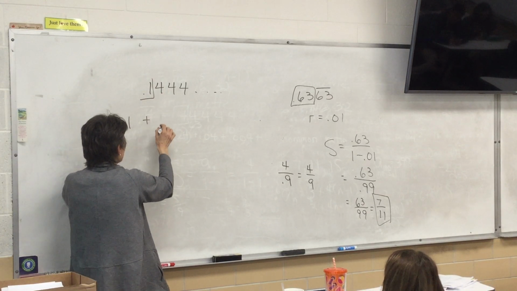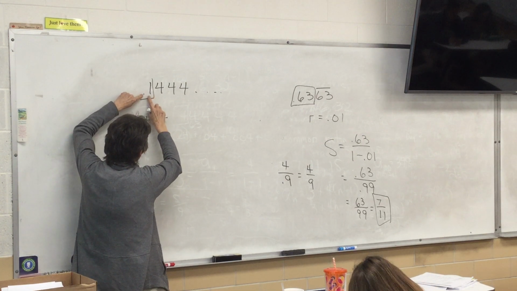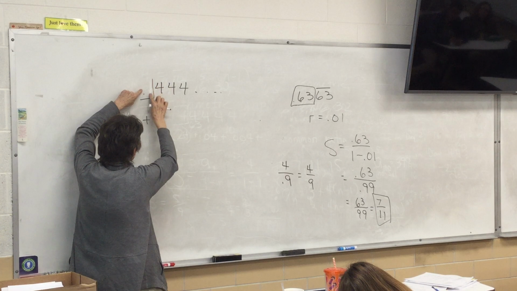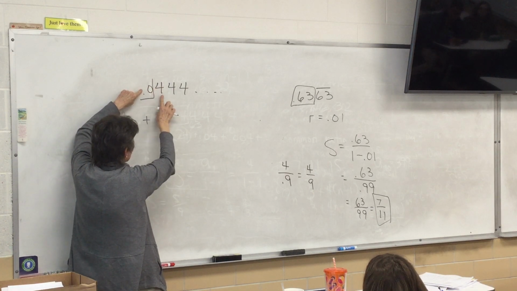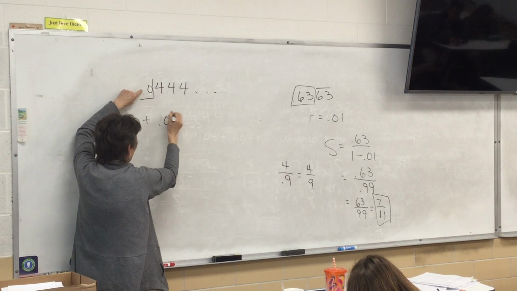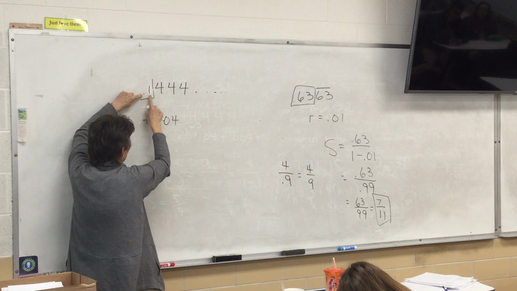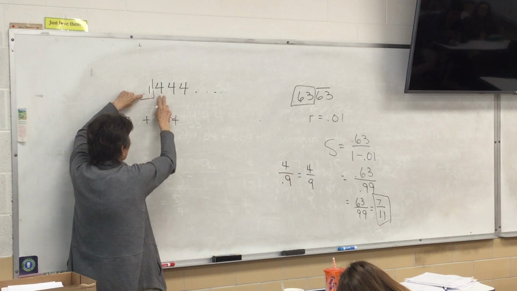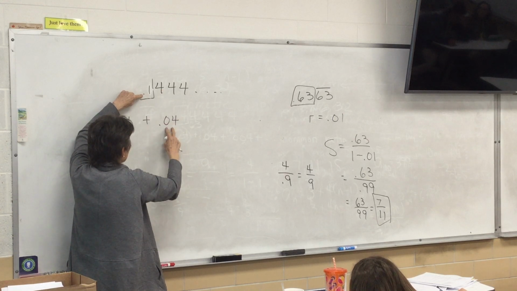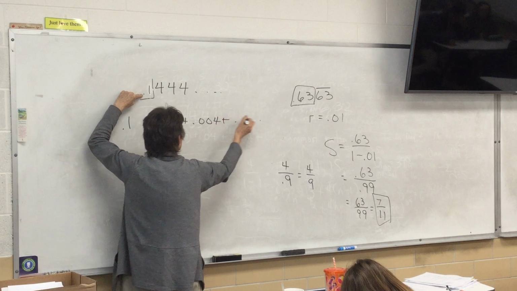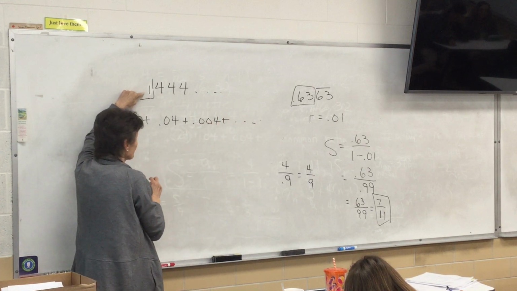And then we have, what is our actual first term? If we pull this out, our actual first term is 0.04. You have your 0.1, but then you have a 4 here in the hundredth spot, so it's 0.04 and 0.004 and so on to get the 4s.